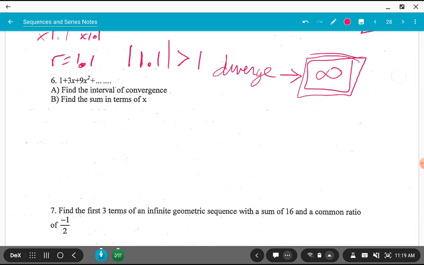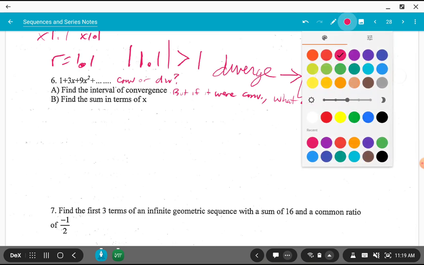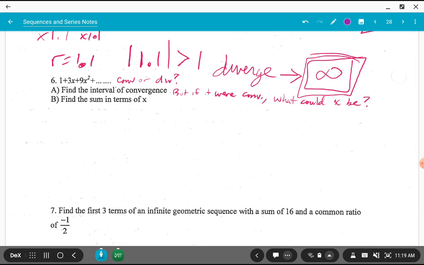We don't know if it's convergent or divergent, right? But if it were convergent, then what could x be? That's what this question is asking us, okay? So we know that based on this series, because we're going 1 plus 3x plus 9x squared, to get from term to term, you're always multiplying by something.